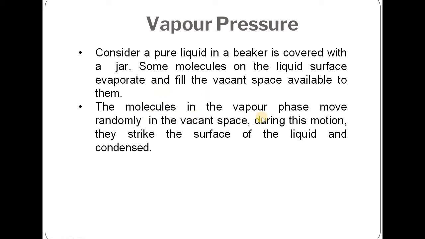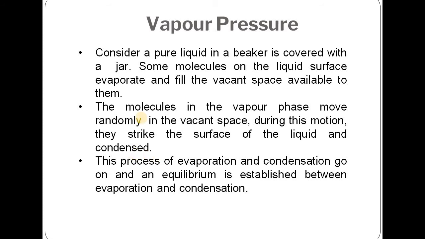Similarly, the molecules in the vapor phase move randomly in all directions, and during their motion they are colliding or striking with the surface of liquid and getting condensed. So the process of evaporation and condensation is continuously going on, and an equilibrium is established between evaporation and condensation ultimately.